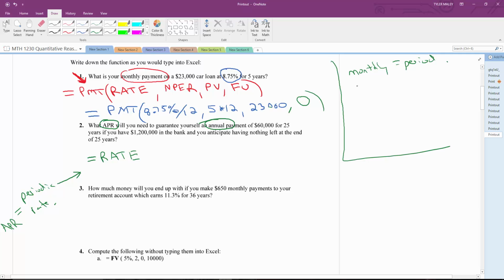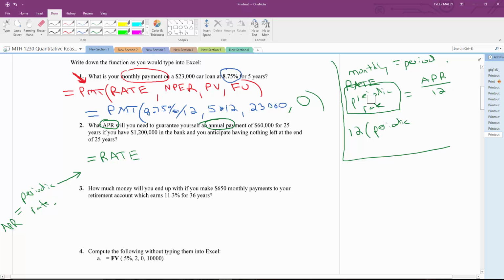Then to get the periodic rate, I would have to take the APR, the annual percentage rate, divided by 12. So this rate function will return this. So if I wanted to find the APR in the end, I would have to take 12 times the periodic rate.